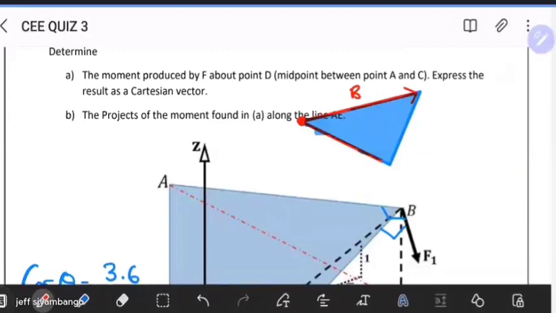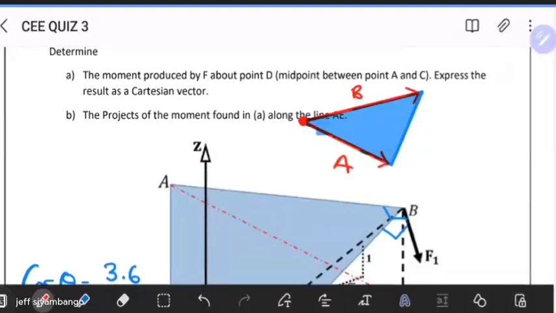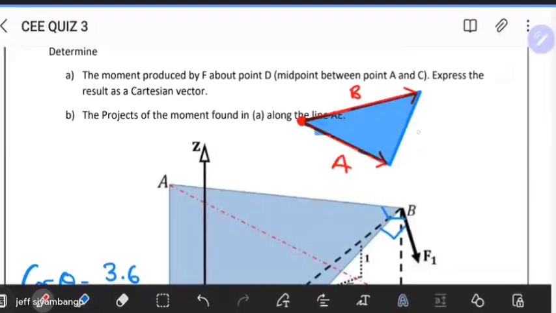Let's label this vector as A. Now, if you were to cross these two vectors, A cross B.